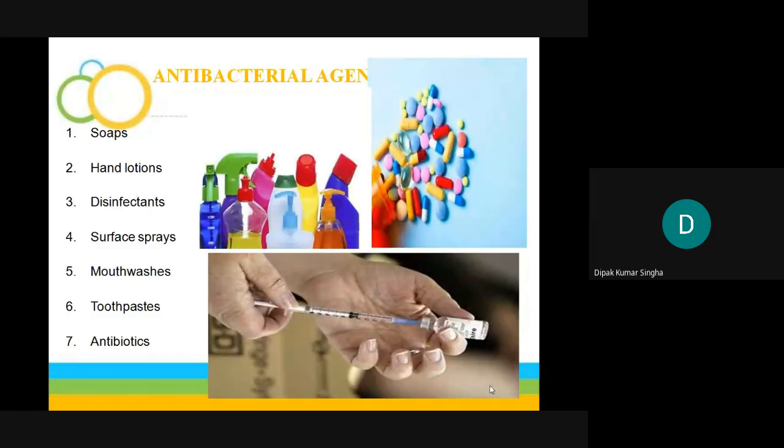And another, the toothpaste, to clean the teeth as well as kill the microorganisms. Mouthwash is in the form of liquid or spray, and toothpaste is used in the form of paste, which cleanses the teeth or kills the microorganisms. The last one is the antibiotics.